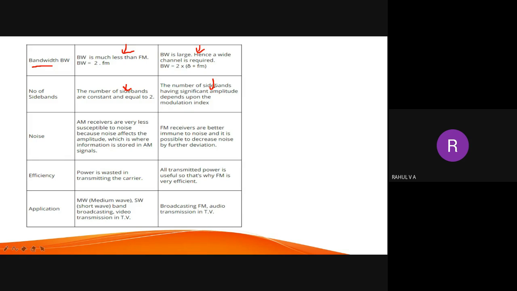So in the case of the receiver, FM is better than AM. That is what we can conclude.